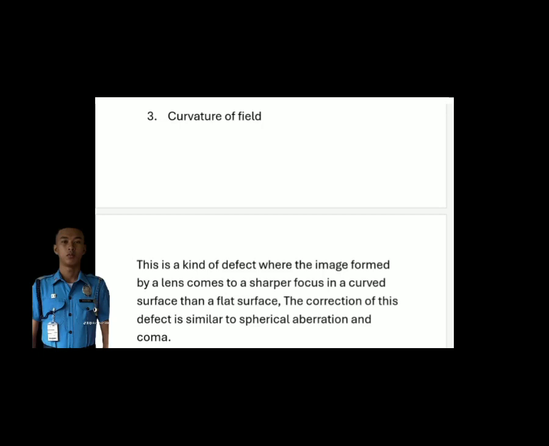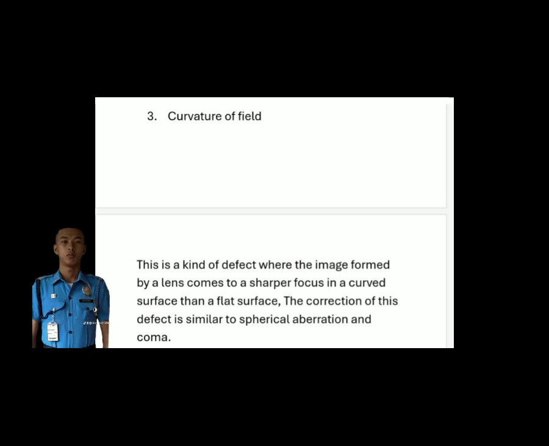So, curvature of field is present when the sharpest image is formed not on a flat plane but on a curved surface. Astigmatism occurs when the lens fails to focus image lines running in different directions in the same place.